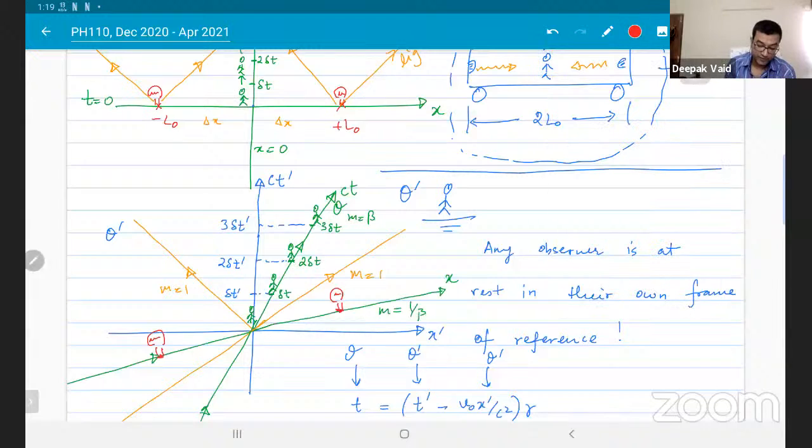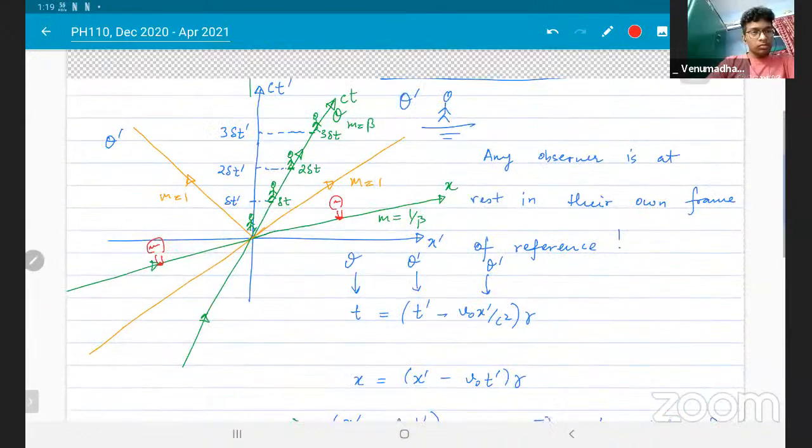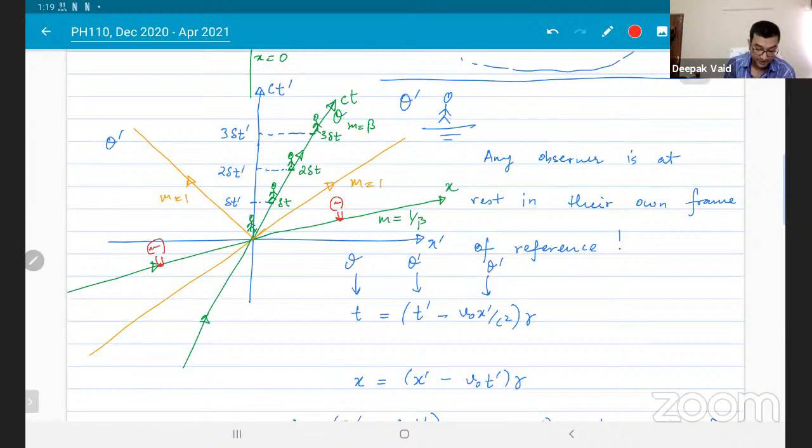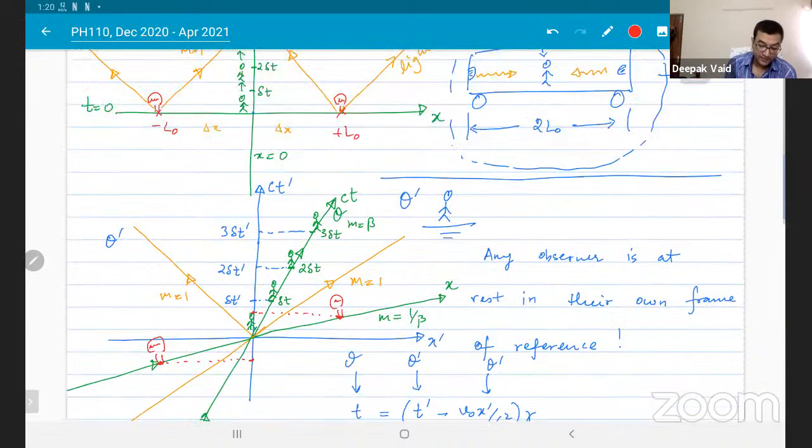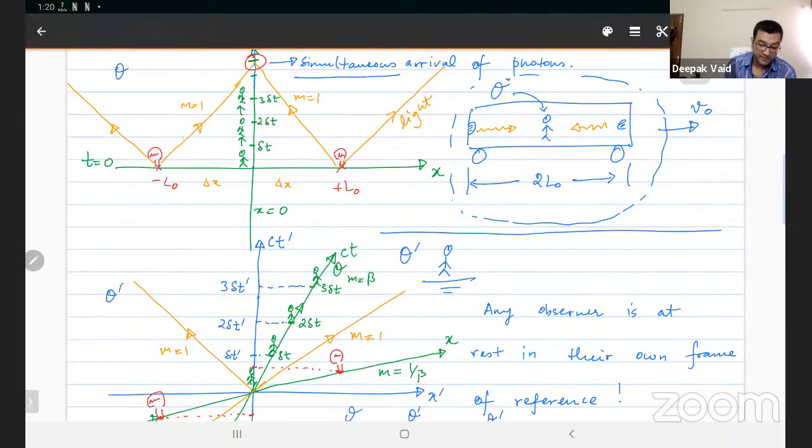If you look at these 2 points, no, they are not, because this point corresponds to this time, and this point corresponds to this time. So as seen by O, these 2 events are simultaneous.